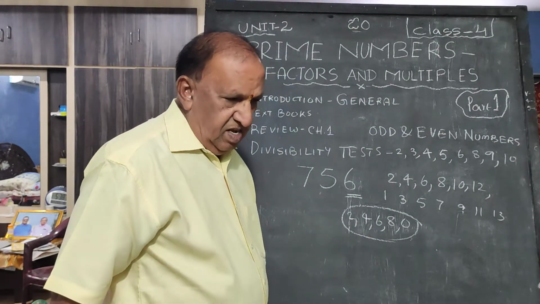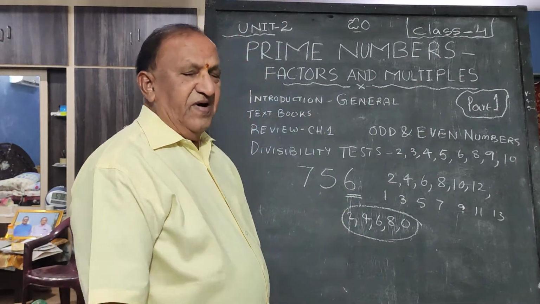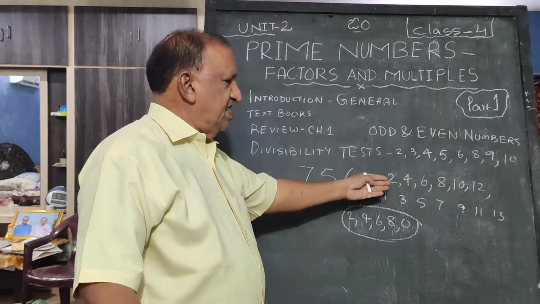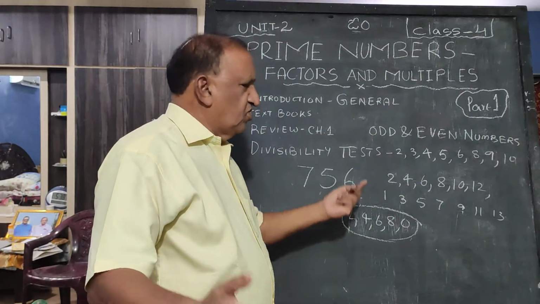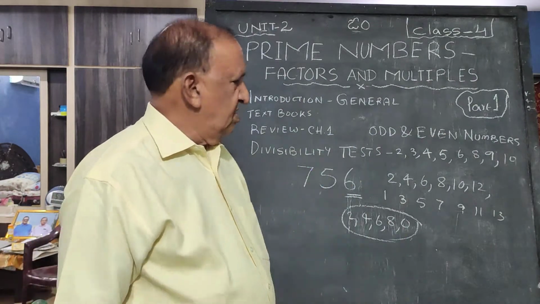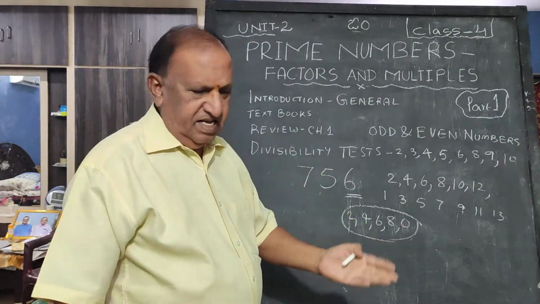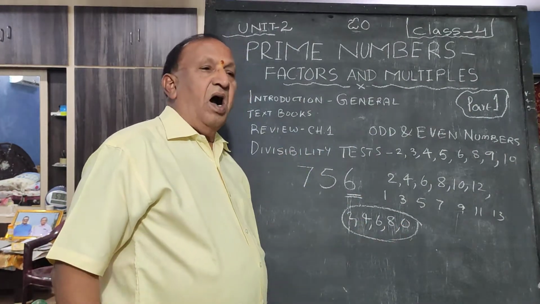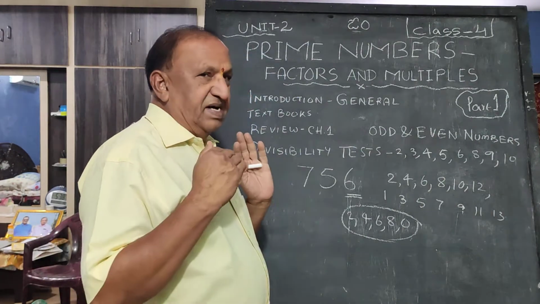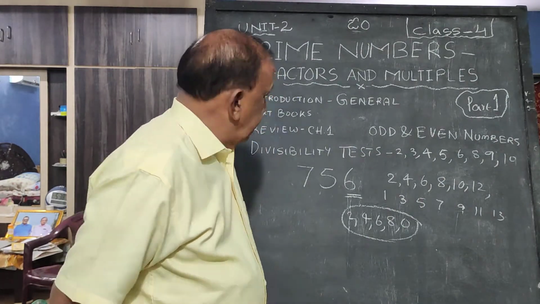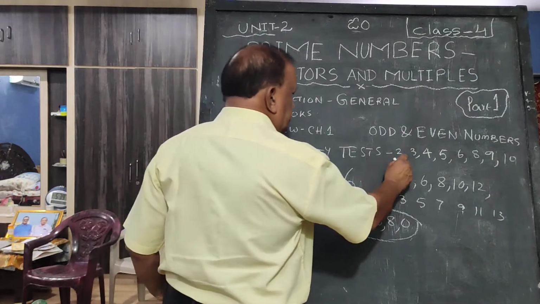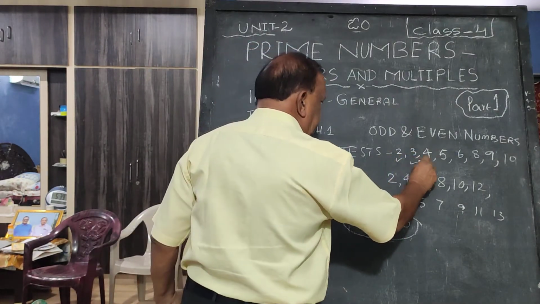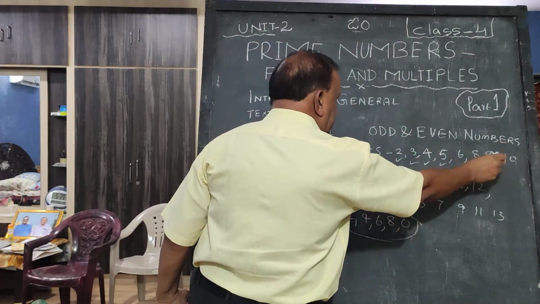Now, it's okay to find out when you look at the smaller numbers like 2, 4, 6, 8, 10, 12 or 1, 3, 5, 7, 9, 11 and 13. How do we know whether a given number is divisible by either 2 or 3 or 4, 5, like that?